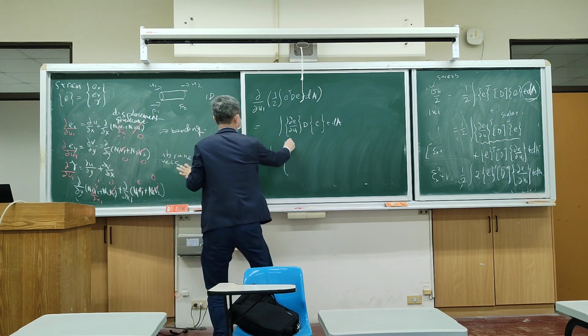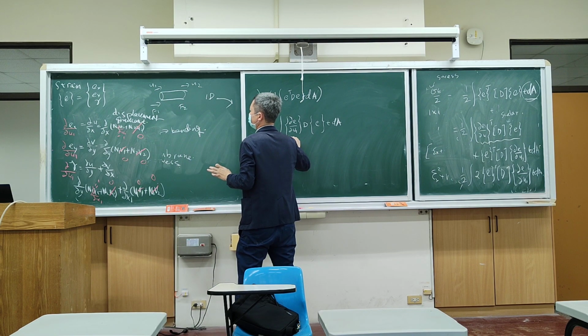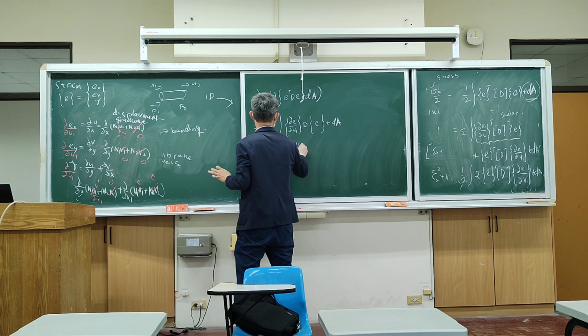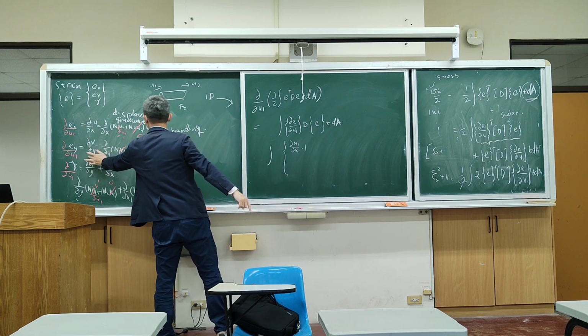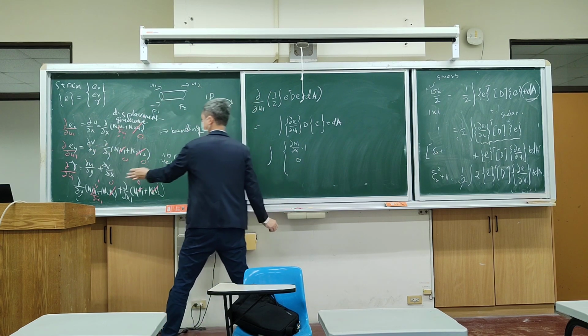So these expressions can now be expressed as, this is what? This is my del n1 del x times 1, and then 0.